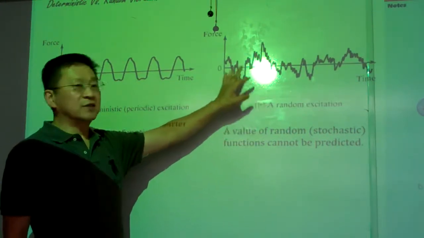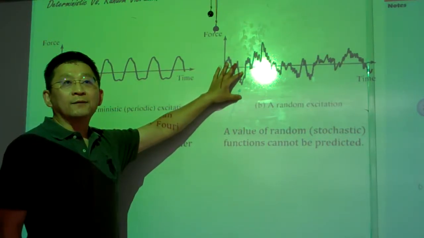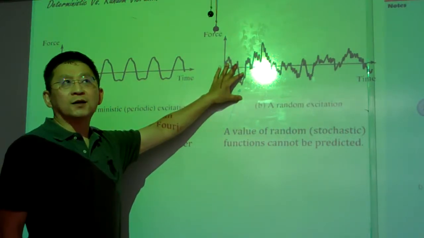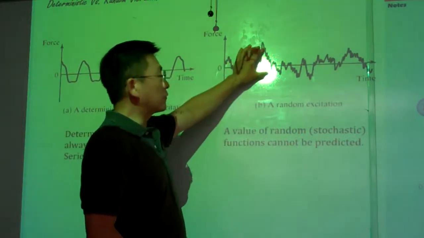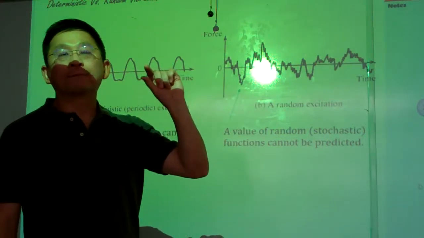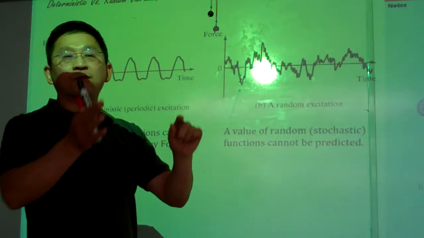Basically, random means you have to involve, let me make one example, the normal distribution. You're going to describe this kind of function with an average and the probability of numbers away from the average.